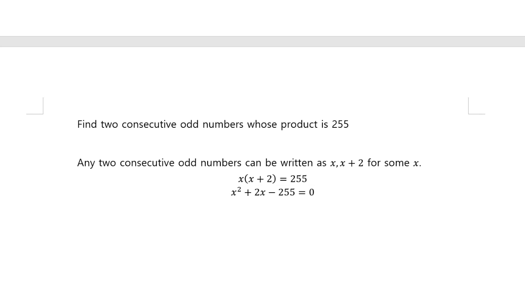By the way, this one will actually be easier to solve by not moving it to that side, but leaving it like this and just using completing the square, because x squared plus 2x plus 1 is (x plus 1) squared, right? So I think the easiest way to solve this equation is by adding 1 to both sides. 255 plus 1 is 256. And then realizing the left side is (x plus 1) squared. And 256 is the same as 16 squared.